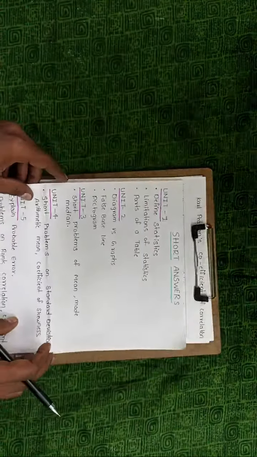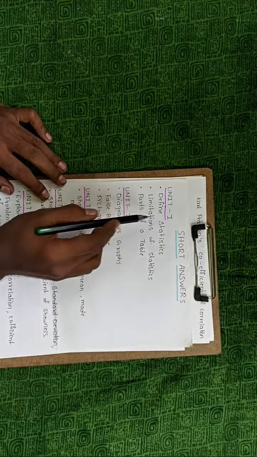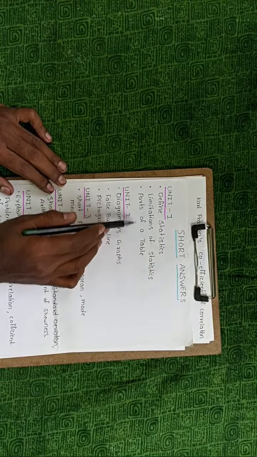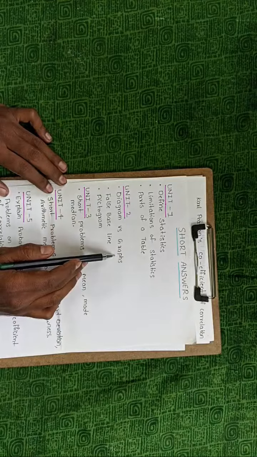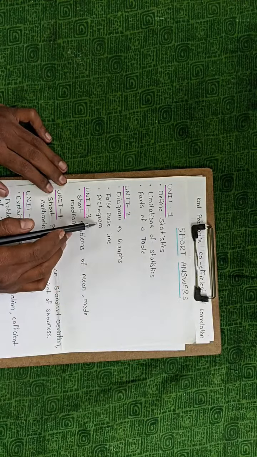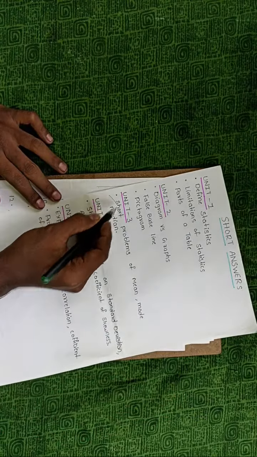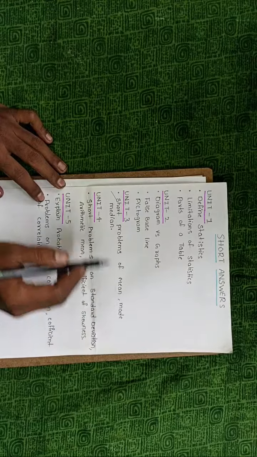And these are the short answers. In unit 1, you will get define statistics, limitation of statistics, parts of a table. In unit 2, diagram versus graphs, false baseline, pictogram. In unit 3, you will have problems. You have to learn short problems on mean, mode and median.